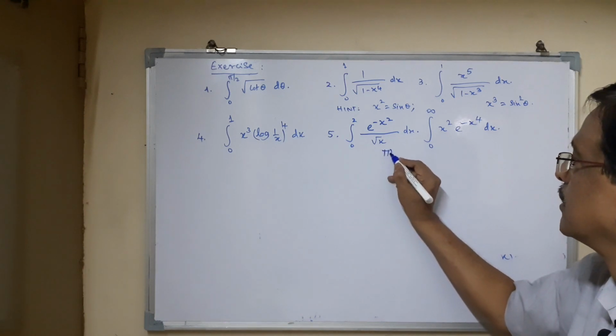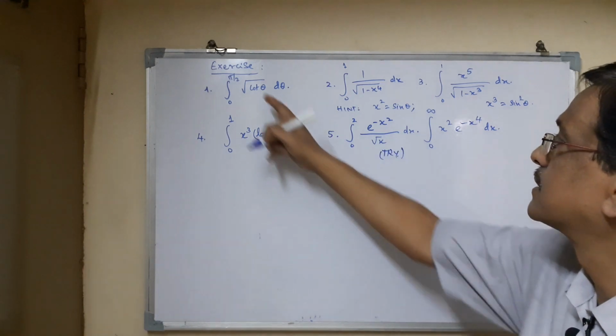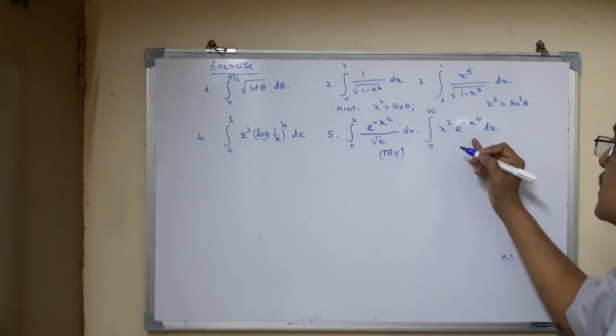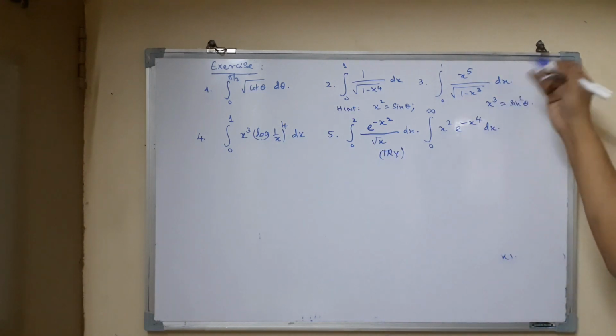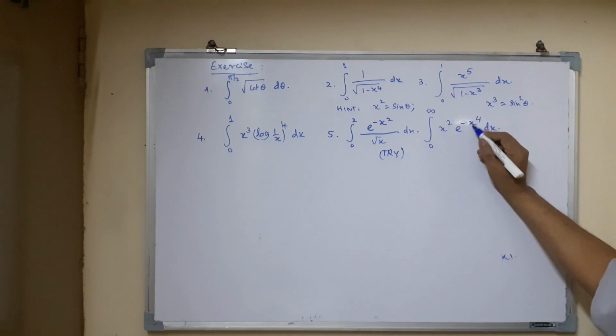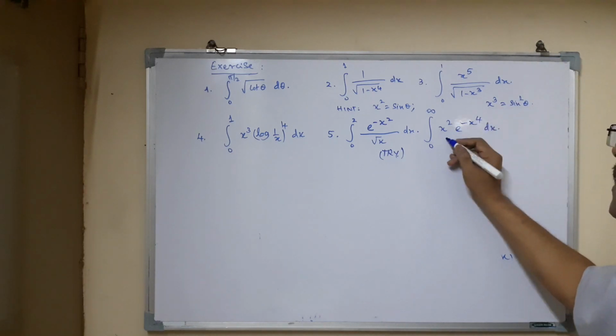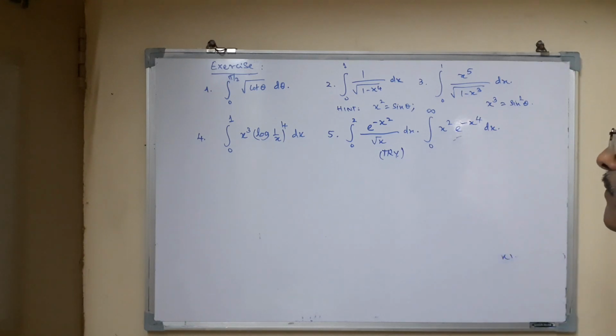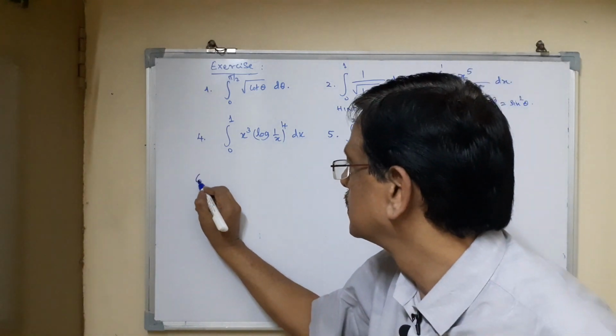Try. Already I have given an exercise, so just try. This is simple. There is no problem for this. Putting x square equal to t or something, e power minus x square you have to get. So this can be easily seen. Sixth one.